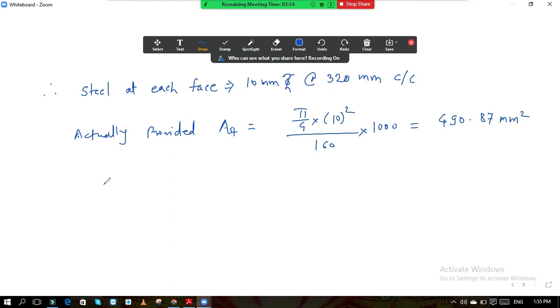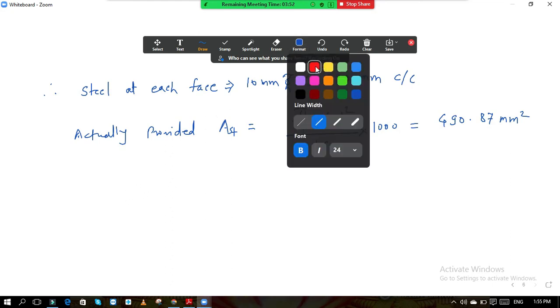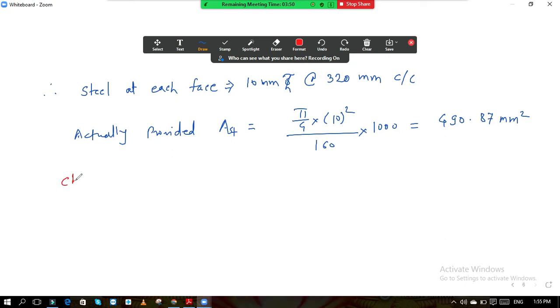So check for the tensile stress in concrete. This is the next step.